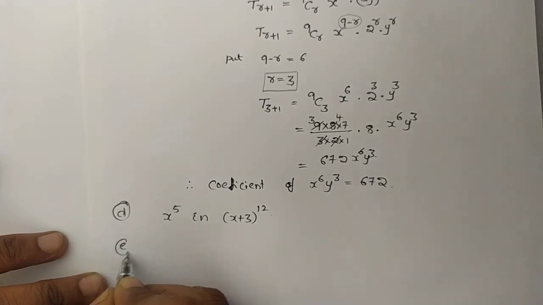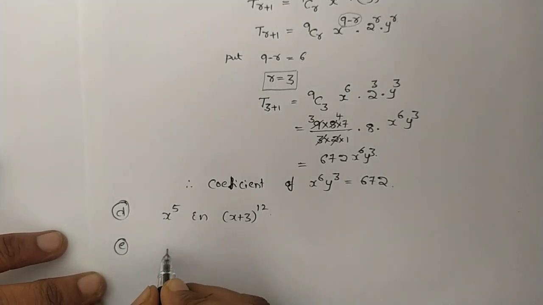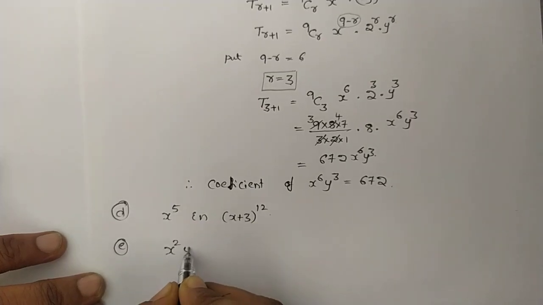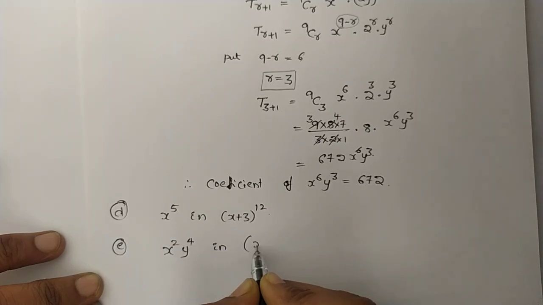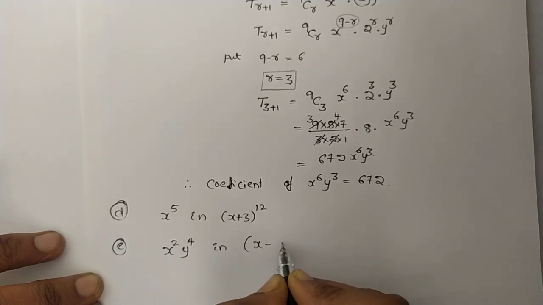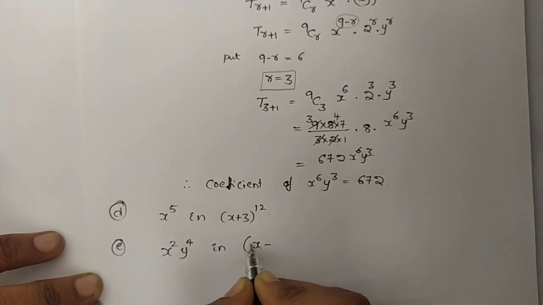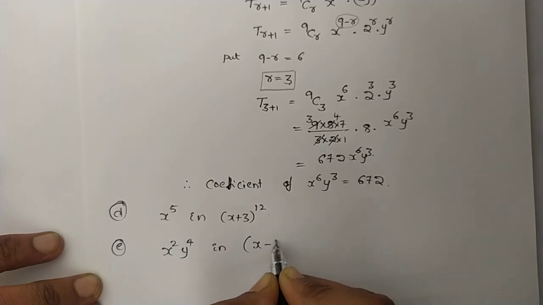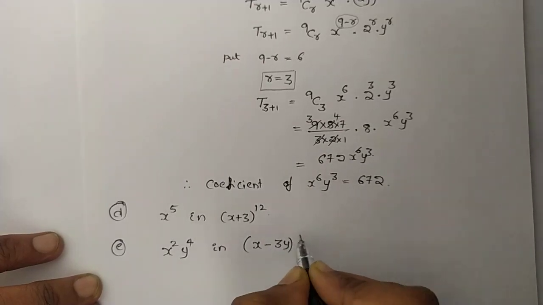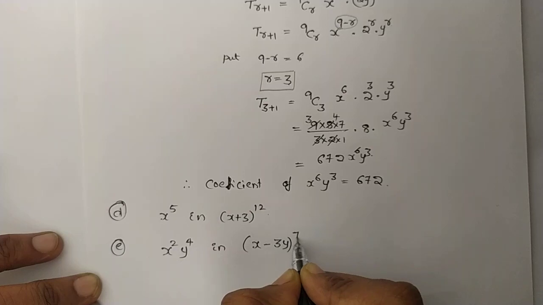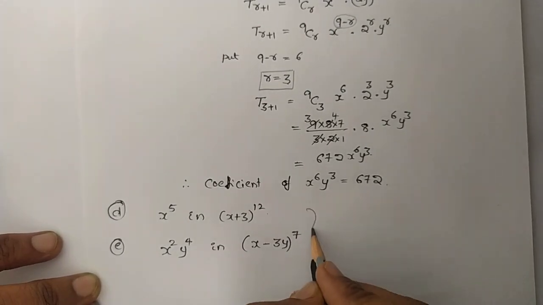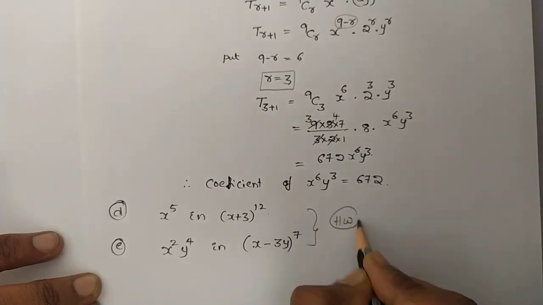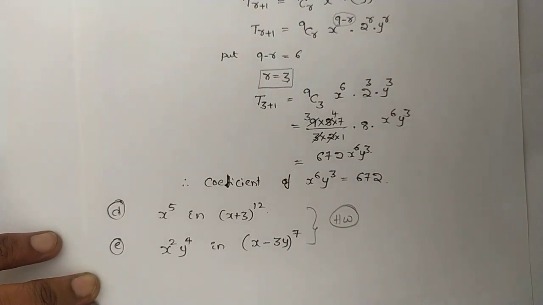Next, x square y power 4 in (x minus 3y) whole power 7. So these are the two homework questions for you.